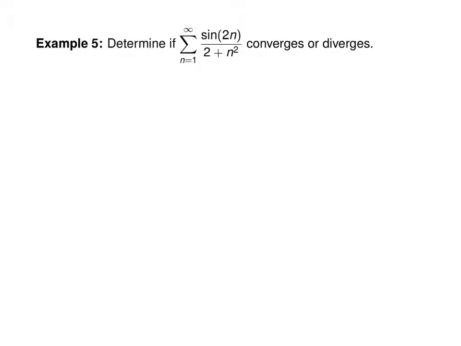So speaking of absolute convergence, if you prove absolute convergence, this implies convergence always. So for this series, the AST fails because this series does not alternate.